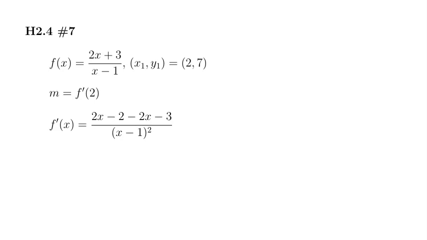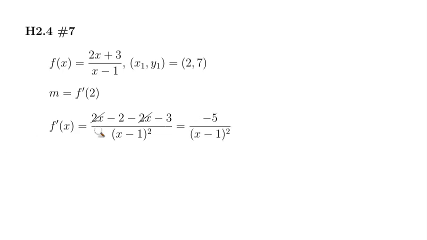You can see that we can cancel the 2x terms. What's left is combining negative 2 and negative 3, so the numerator is negative 5, and the denominator is exactly the same as before.